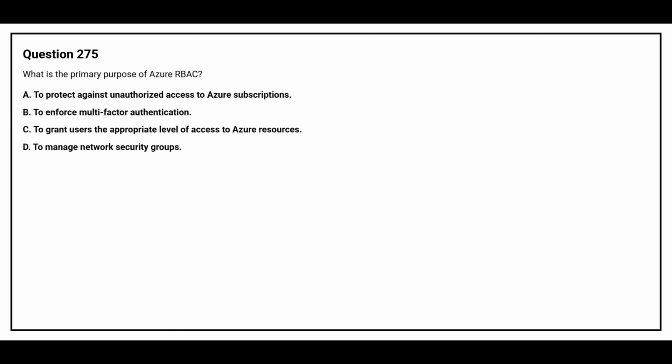Option C, to grant users the appropriate level of access to Azure resources. Option D, to manage network security groups. The correct answer is option C, to grant users the appropriate level of access to Azure resources.